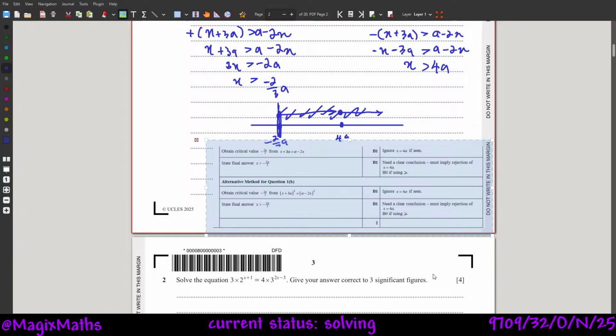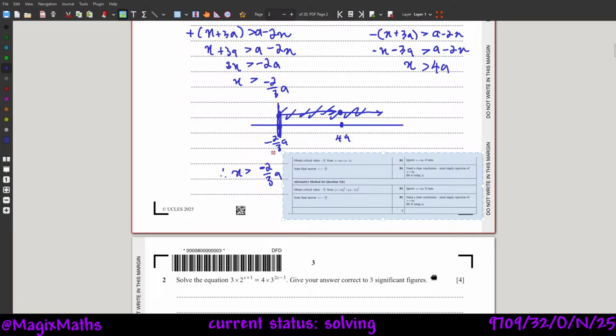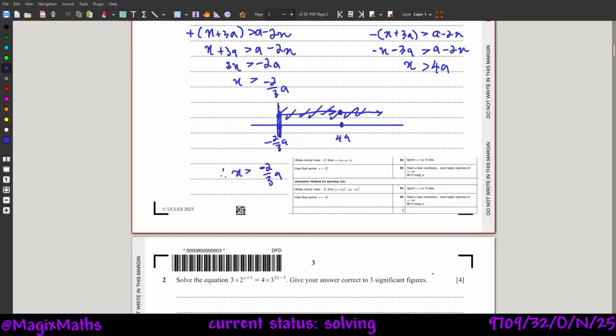Let's try that again. It's kind of wonky when I'm using my pen. So yeah, that's the answer right there, as you can see.